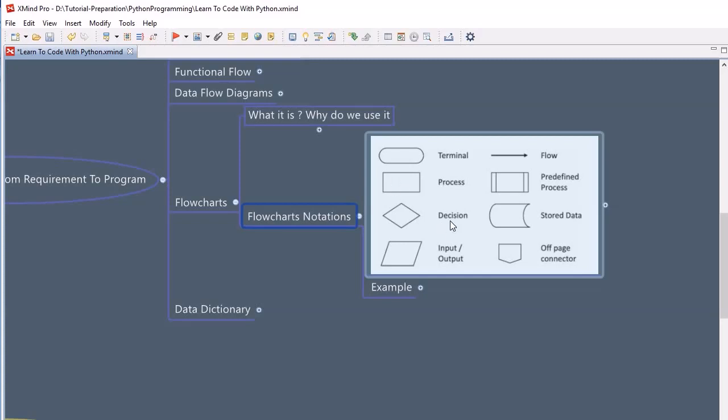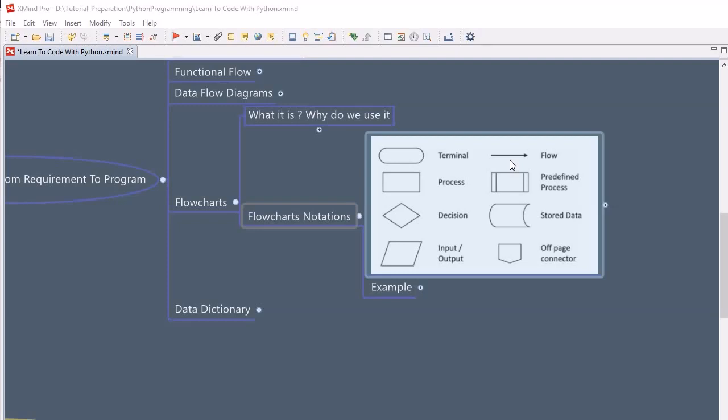If any decision comes into the program, it is represented with this diamond-shaped box. When it comes to any input or output operation from users or from the machine, we represent that with this parallelogram. Afterwards, we show the flow with this arrow.